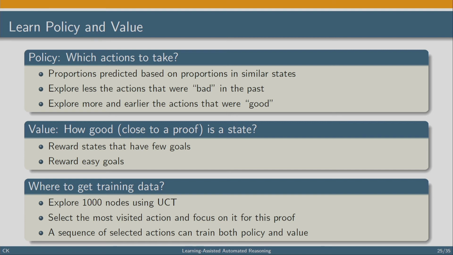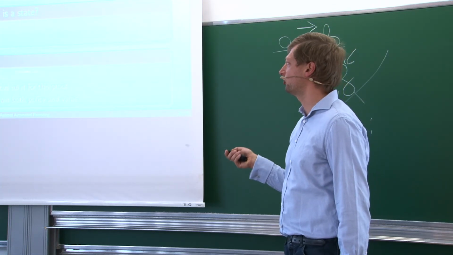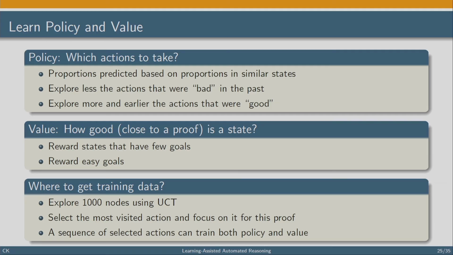This means now a starting node is a well-explored action, and we continue from that point. We select the most visited action and focus on it for this proof, doing again 1,000 explorations. Now we have a sequence of such selected actions. Such a sequence can train both policy and value.